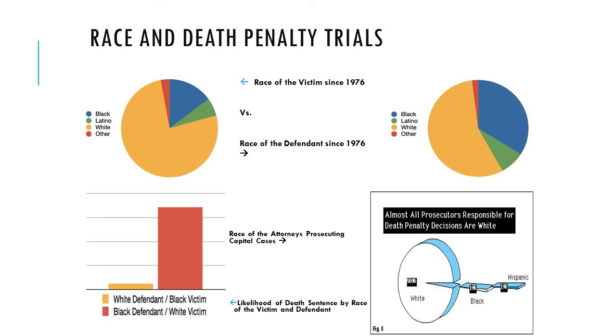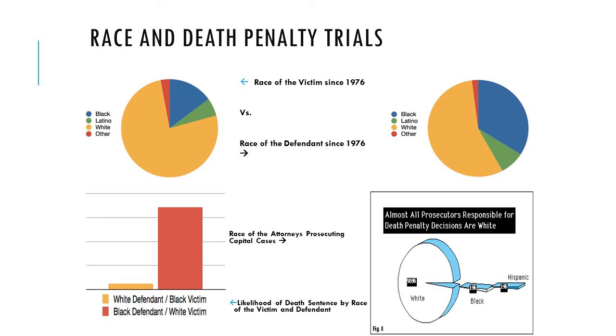As far as race of the defendant, black Americans are much more highly represented among the defendants in these cases. We see almost a third of defendants in these death penalty cases being black, versus making up about 12% of the overall population.